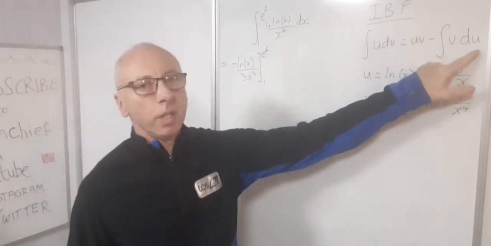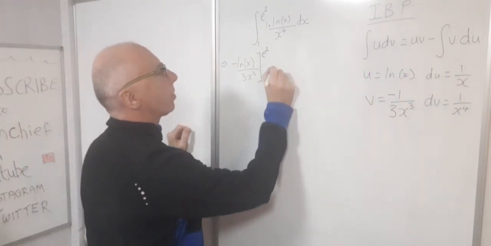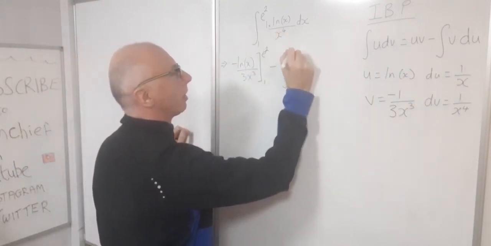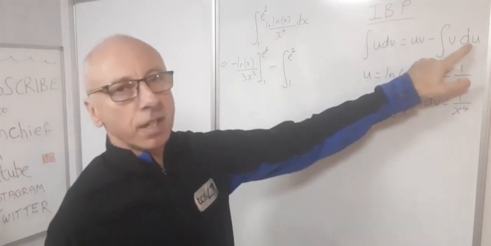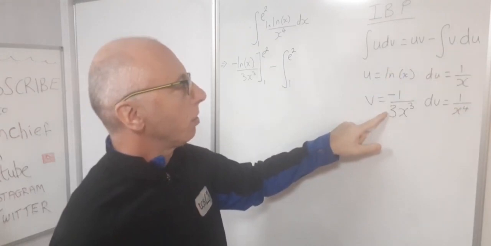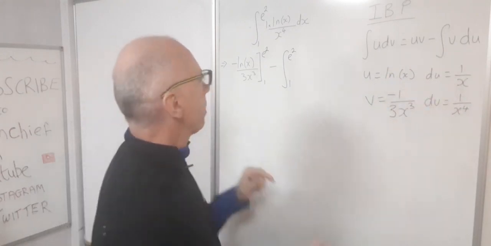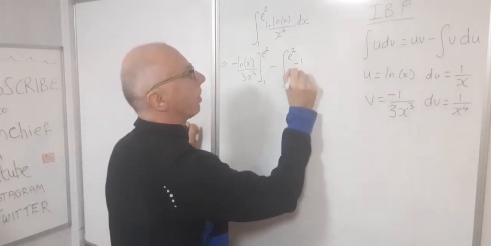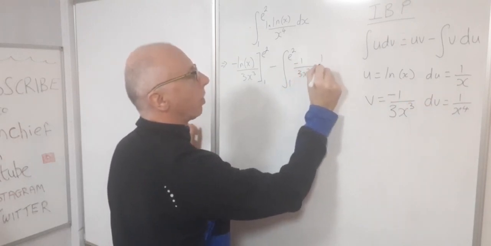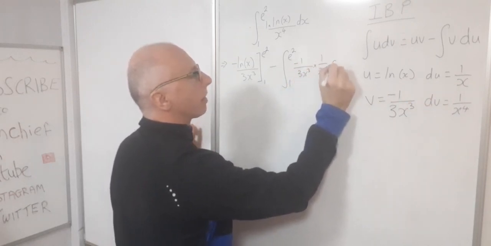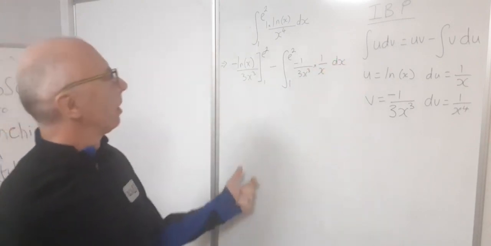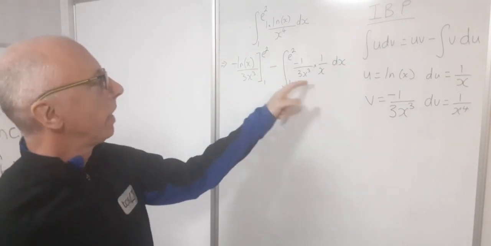And then we've got the new integral here. So we now subtract this integral from 1 to e squared, v times du. So that's minus 1 over 3x cubed times 1 over x, and then that is dx. Okay, well, we can simplify this a little bit.